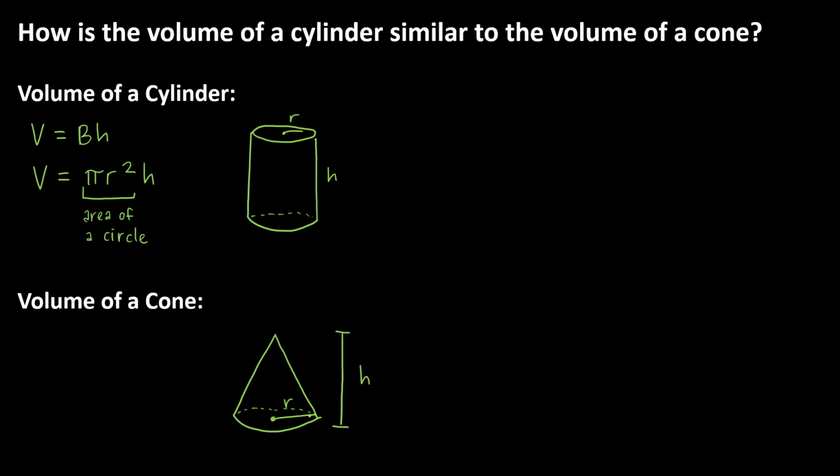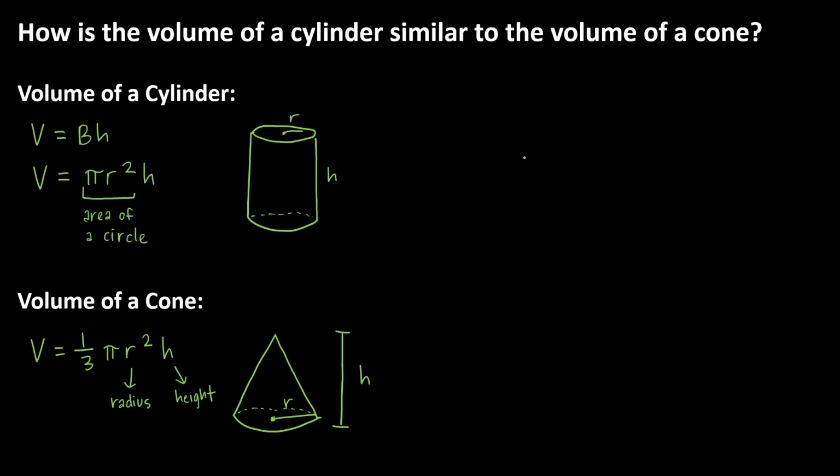So here's the radius and the height in a cone. So the volume of a cone is 1/3 the volume of a cylinder with the same dimensions. So volume equals 1/3 times pi times radius squared times height. Again, r is the radius of the circular base, and h is the height of the cone.